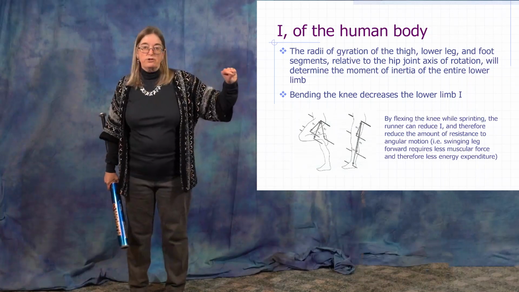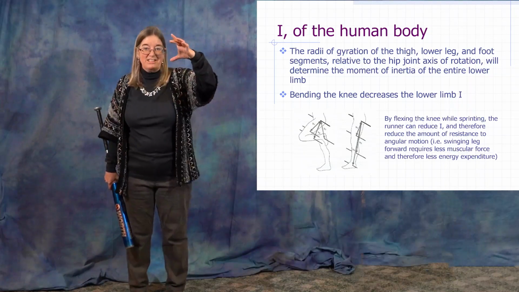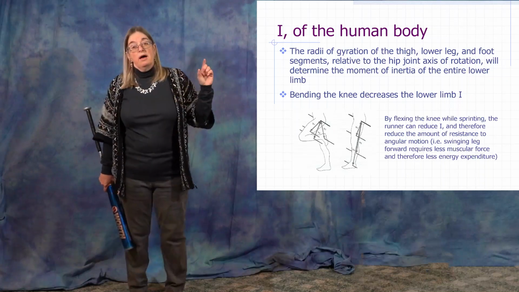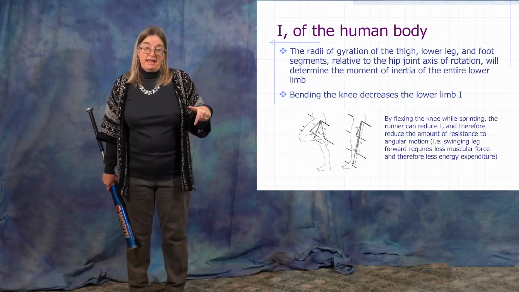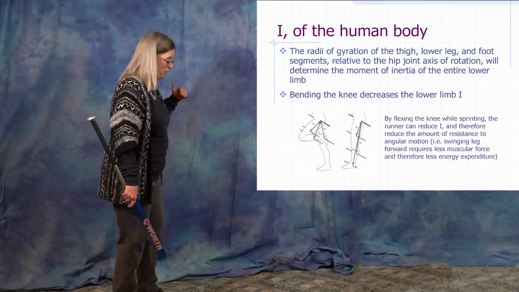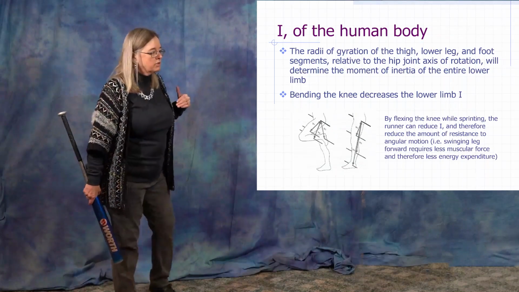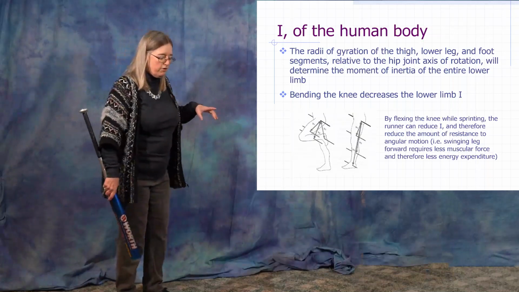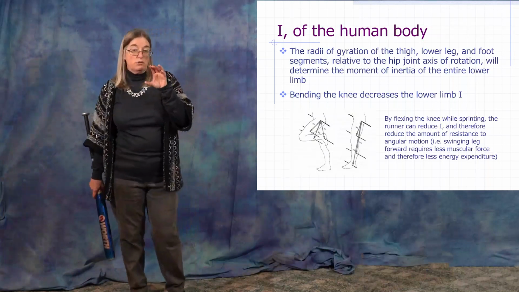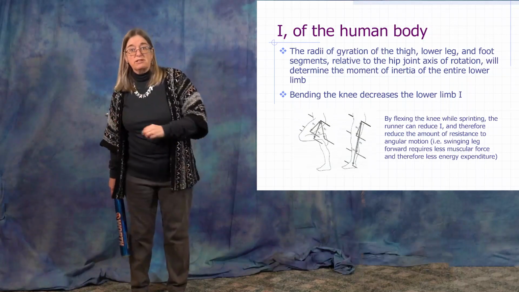And if you look at this, you can see that the radius of gyration for that distance from the hip to the center of gravity of each of those individual segments of your leg are much bigger for the situation where you're swinging through this way as opposed to swinging through this way. So clearly, if you're swinging through in a tucked situation, you wouldn't need to use as much muscle torque at the hip to get the same acceleration.